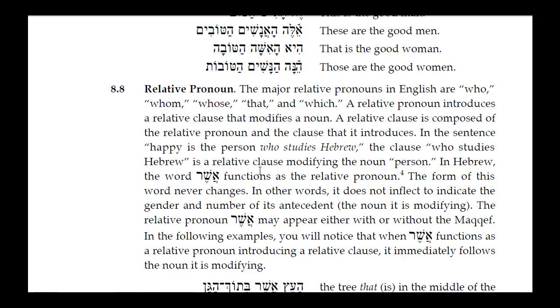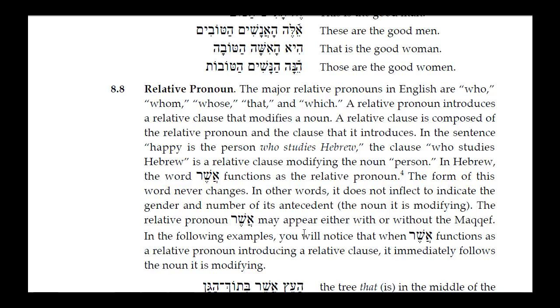And so in Hebrew, the word asher functions as the relative pronoun. The form of this word never changes. In other words, it does not inflect to indicate the gender or number of its antecedents. That's a good thing. Don't have to worry about that. The relative pronoun asher may either appear with or without a makef.